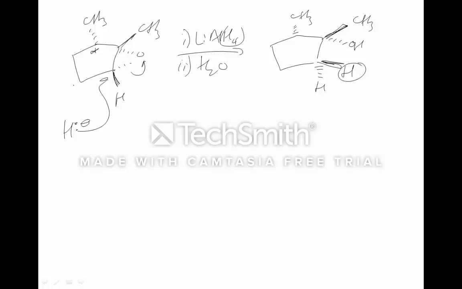So you get a single enantiomer starting material going to a single enantiomer product. Okay? Take home would be good to do: if you replace all those H's with D's, where would the D be? Do this problem with lithium aluminum deuteride, and that would give you the D over here. Okay, to kind of trace that D through there.